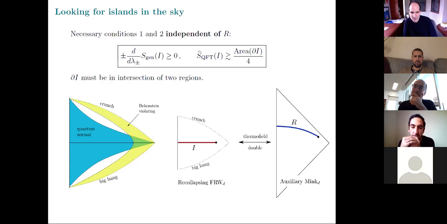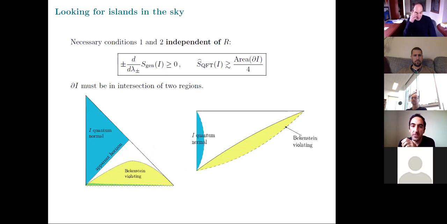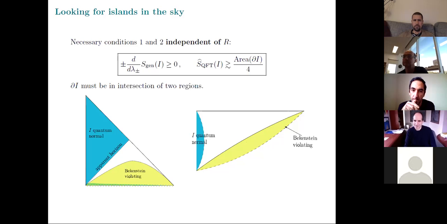So that also seems to make islands more difficult, for some application to our universe. Yeah. I think what you're saying is, even when I was considering this case, I was considering the best case scenario, which is that the state is actually mixed in this entire single universe. Even with that generous assumption, it didn't seem like you can get an island. Yeah, that's just a comment. Yeah. No, I totally agree.